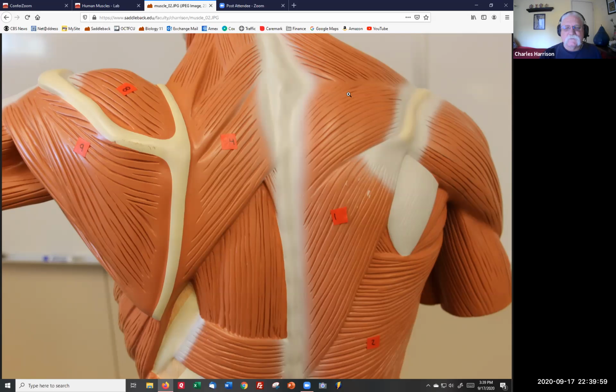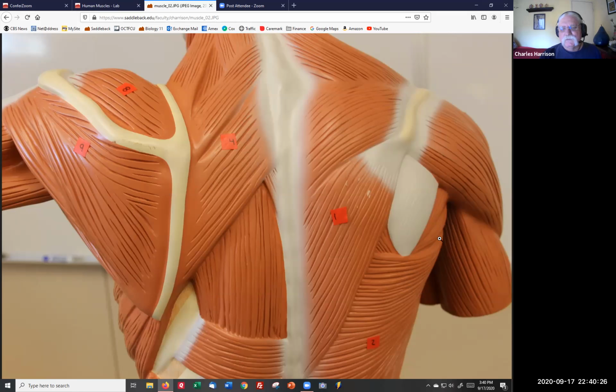Okay, the second muscle is right down here, and it's labeled number 2, the latissimus dorsi, and it originates in part on the spine as well, under the trapezius. And it goes out of sight here on the side.